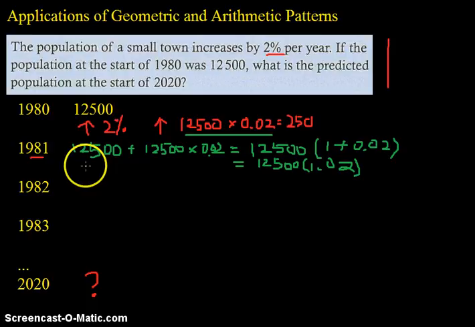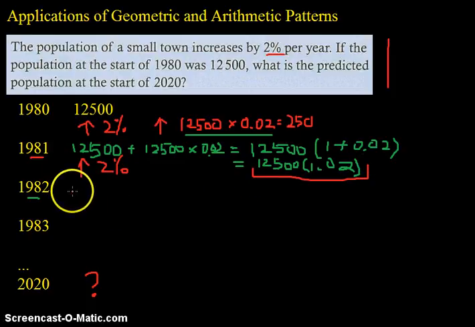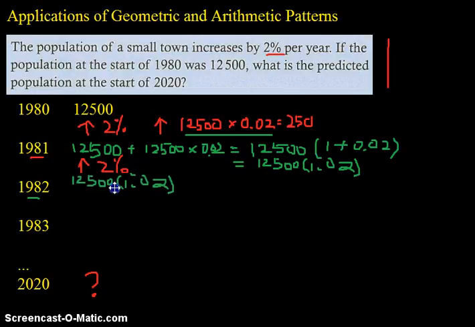So later on, let's find what the population is going to be in the year 1982. So this is going to go up by 2%, right? Now it's going to go up by 2% again. The population would be what I have at the beginning, which is this. So I'm just going to copy that. I apologize for the bad handwriting. I'm doing this with the mouse, so please bear with me.